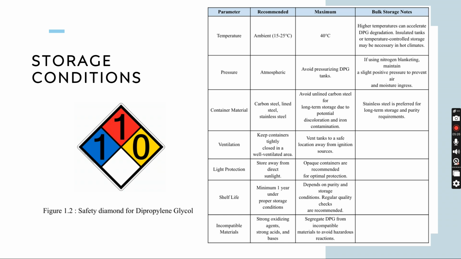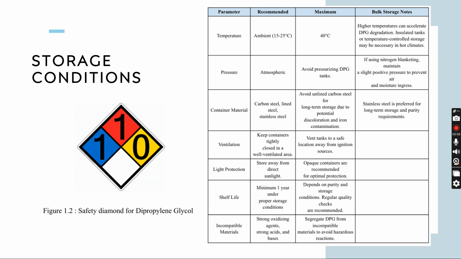Similarly, ventilation is also required for storage: keep the container tightly closed in a well-ventilated area. This is what is recommended, but you can also go for vent tanks to a safe location away from ignition sources. Light protection: store away from direct sunlight, so opaque containers are recommended for optimal protection. Shelf life: maximum 1 year under proper storage conditions. When you store a chemical, it comes with a shelf life.